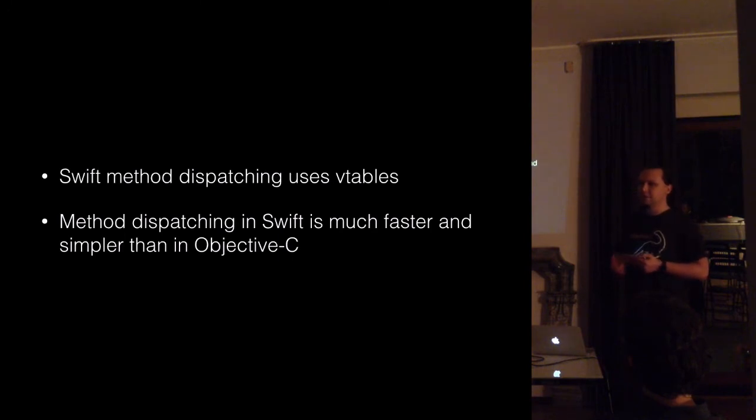If you declare a method as final, Swift doesn't use the vtable to dispatch it. It just directly calls the place in memory where this implementation is. And when you pass the optimization flag to the Swift compiler, it likes to inline all of those functions, and it works even faster.